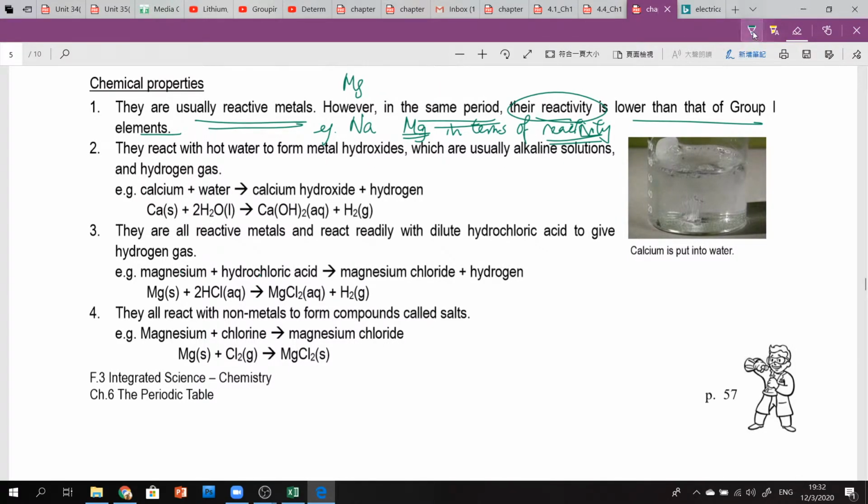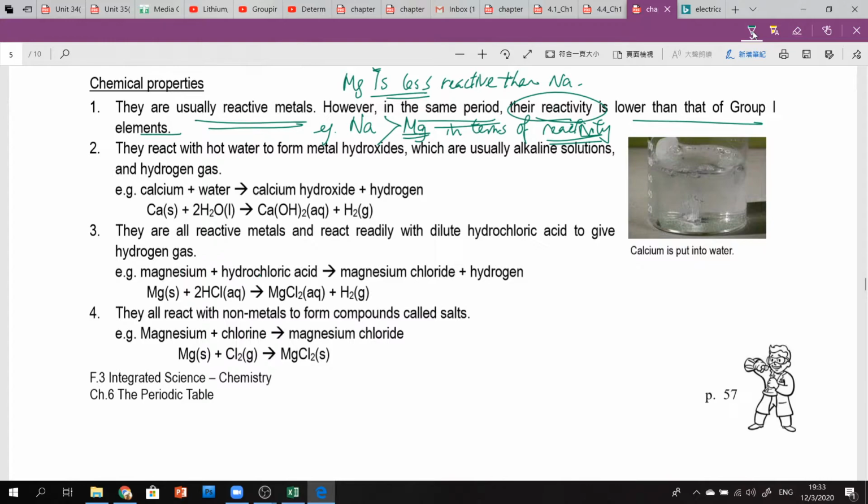Sodium is more reactive than magnesium. So magnesium is less reactive than sodium.